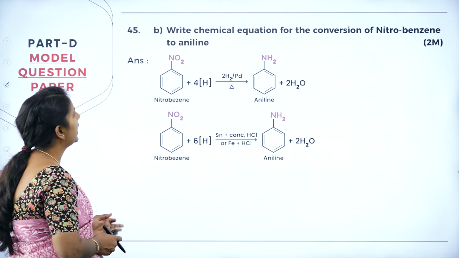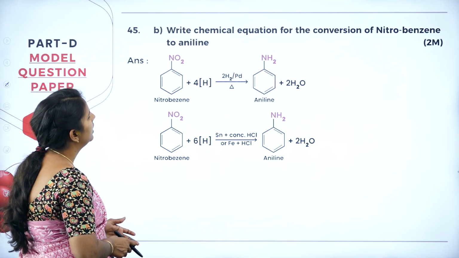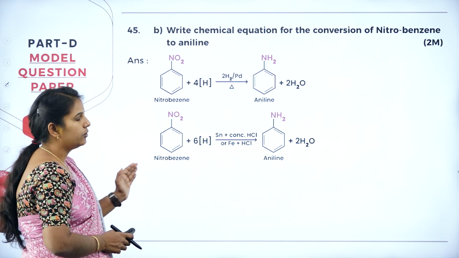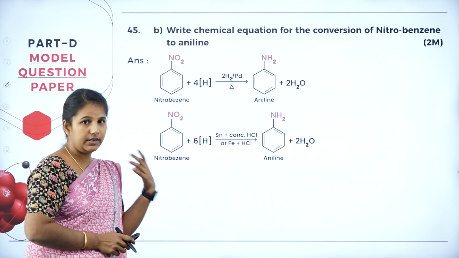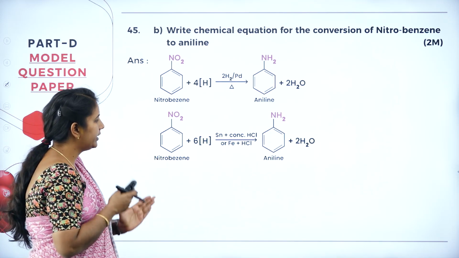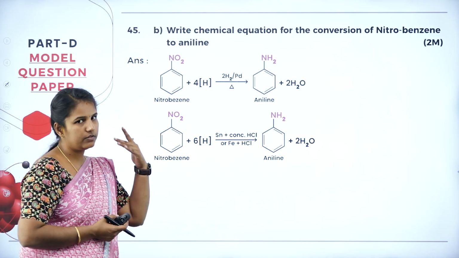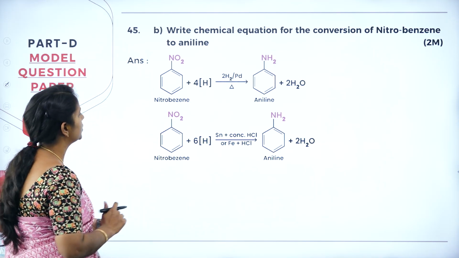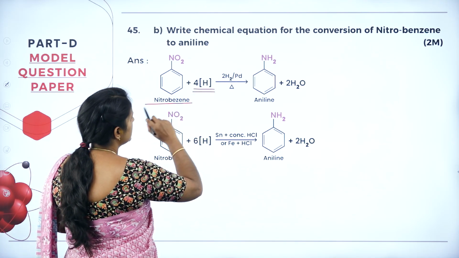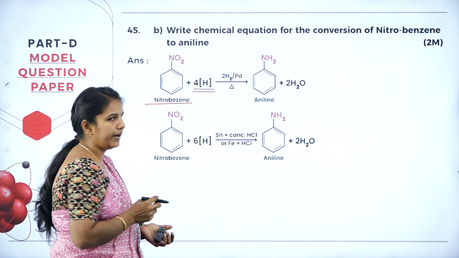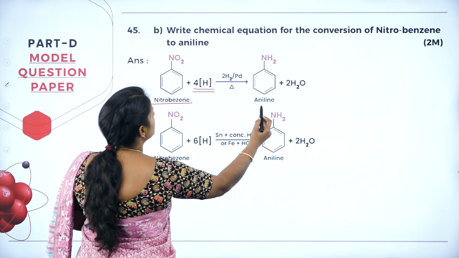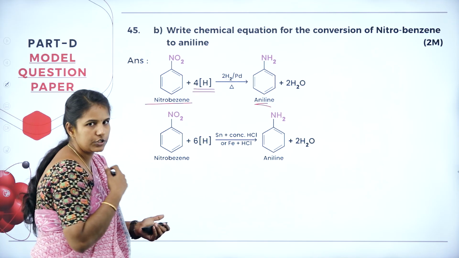Next question, write a chemical equation for the conversion of nitrobenzene to aniline. Nitrobenzene, we can use different catalysts, so we can get the same product called aniline, but the reaction will vary. So, you can see with the first reaction, if I take nitrobenzene, that is addition of hydrogen in presence of palladium as a catalyst, it gives aniline with the formation of water.